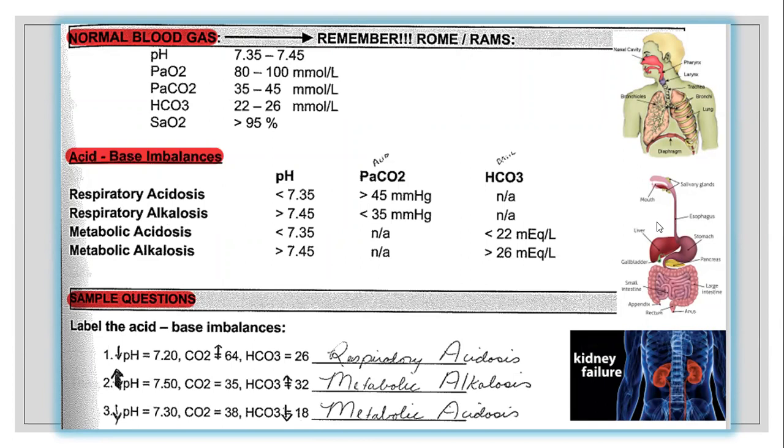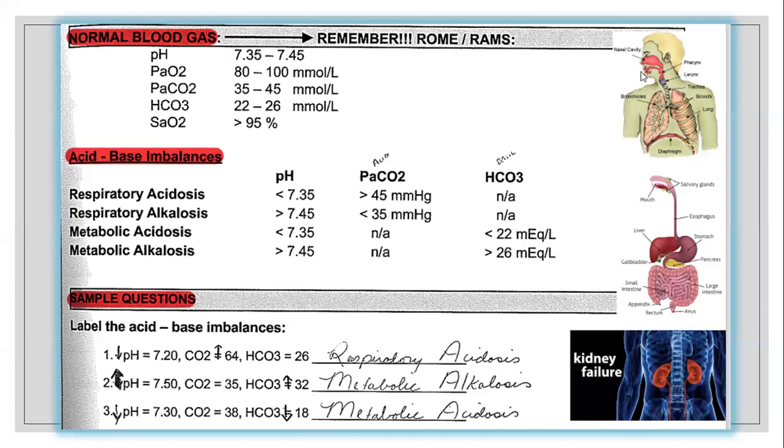Keep it in mind, an easy way to explain. If any disease is related to our gastrointestinal system, like pancreatitis, diabetes complications, vomiting, nausea, usually that type of problem is either metabolic acidosis or metabolic alkalosis.